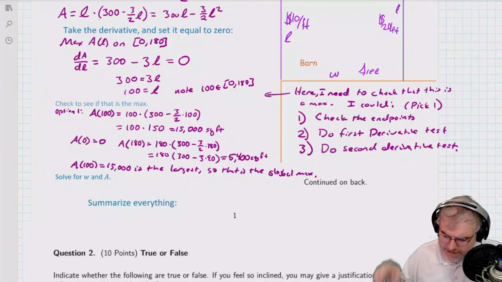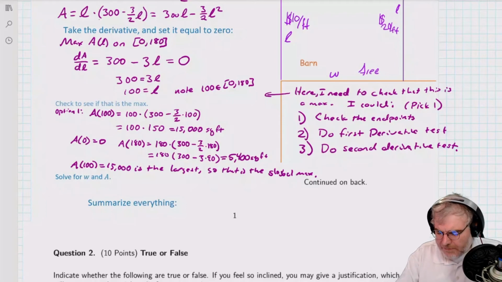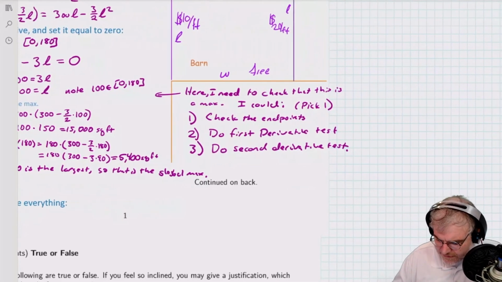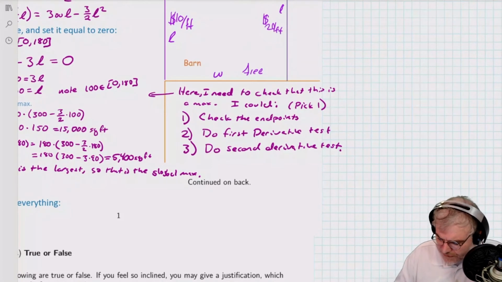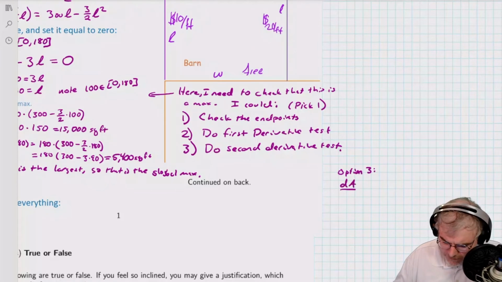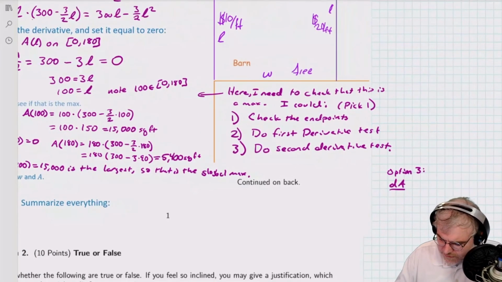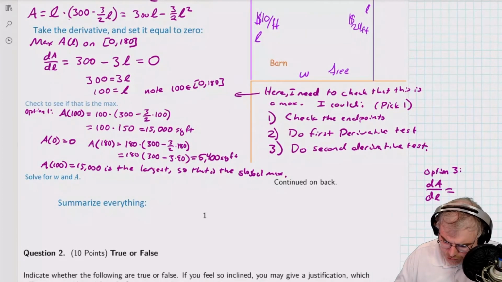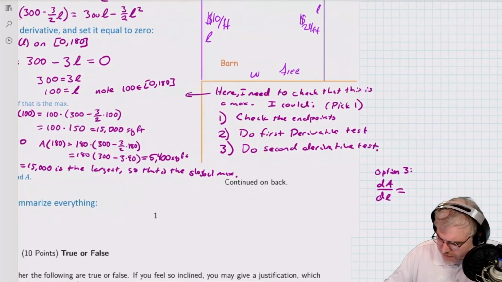Okay. Now, for this one, the fastest way is probably the second derivative test on this one. So if I did option 3, it would look like this. Right? I had dA over dL equaled 300 minus 3L.